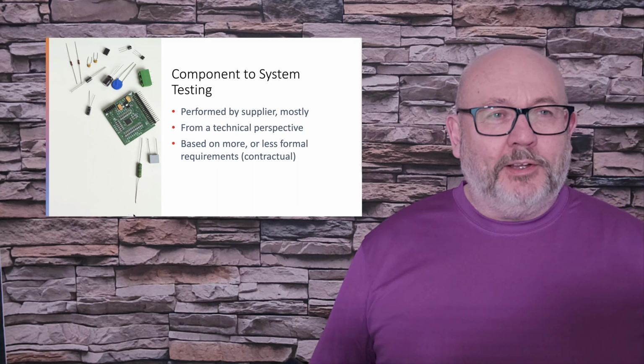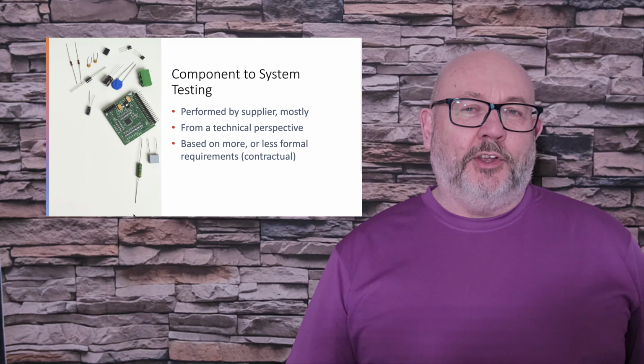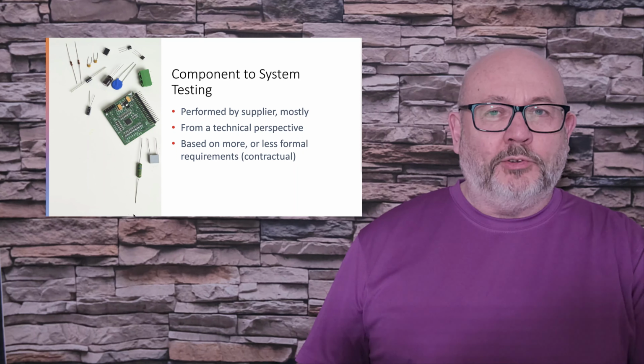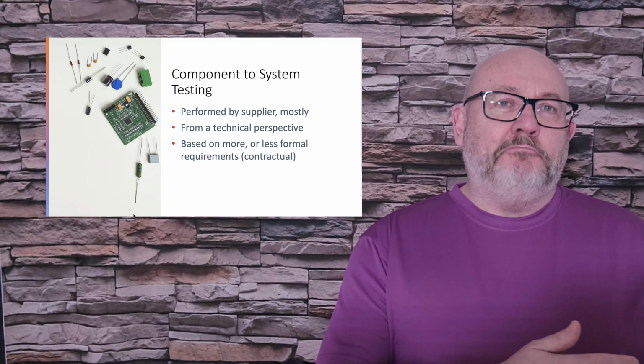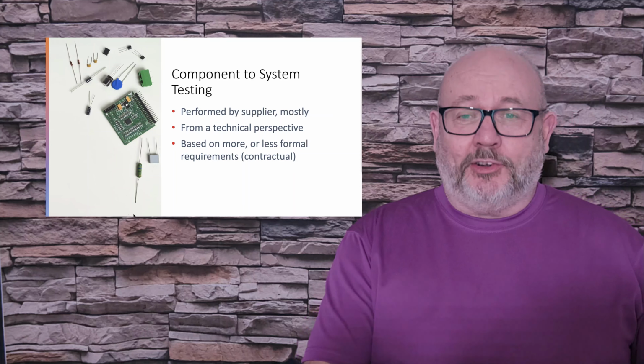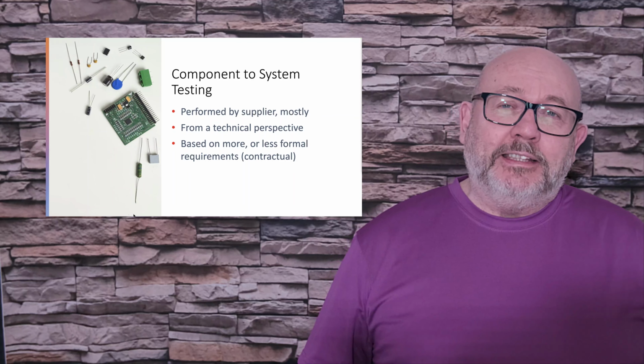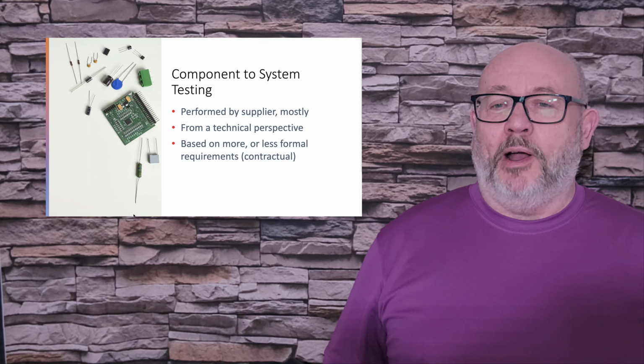So I want to talk about the difference between what's done before user testing and what user testing is about. The levels of testing between component integration and then system testing is usually performed by the suppliers of the software.